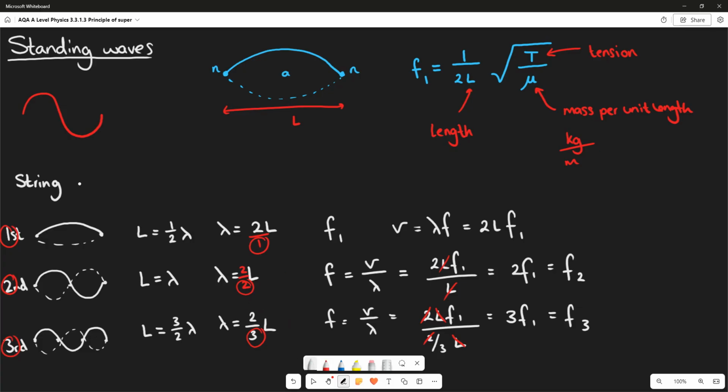A string, it might be something like a violin or a guitar. And we're going to look next at closed tubes, which would be musical instruments like oboes, for example.